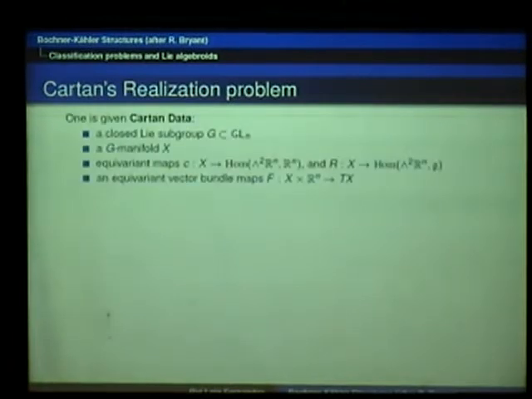So these two problems and similar classification problems can be abstracted into a setup, which is the following. One starts with what's called Cartan data.